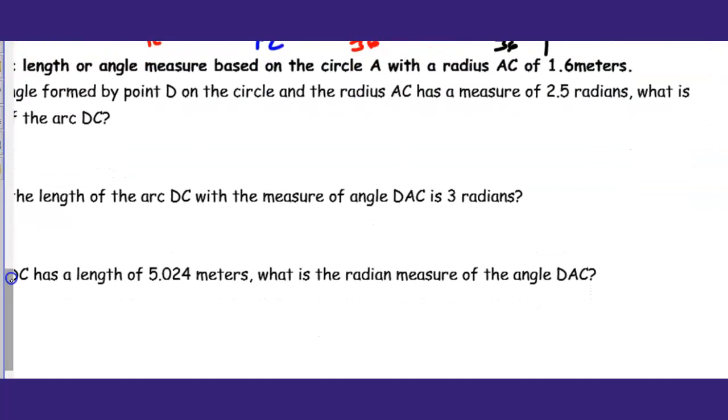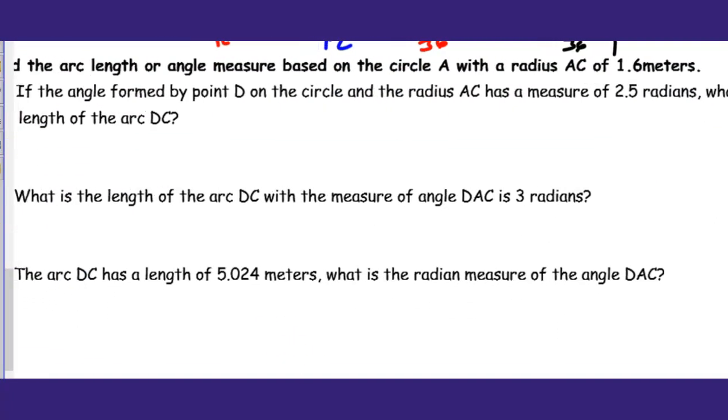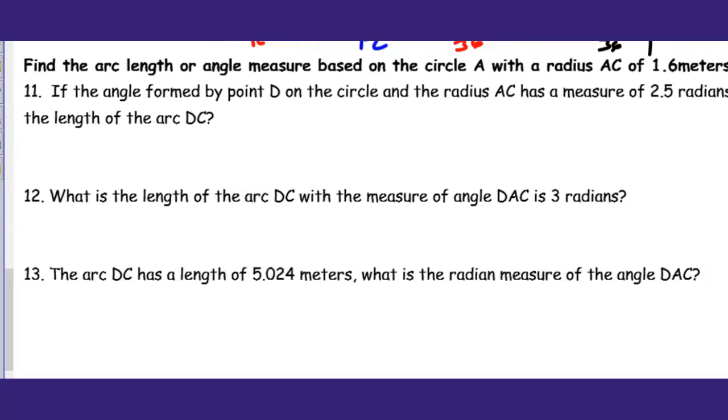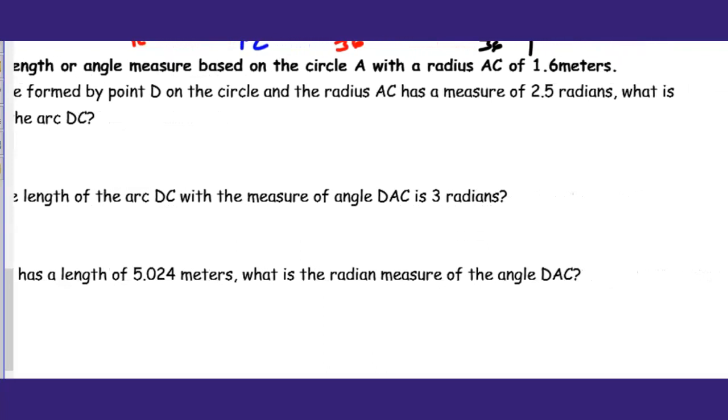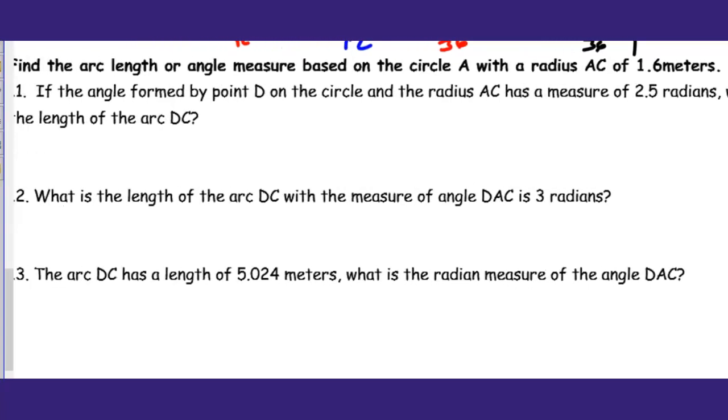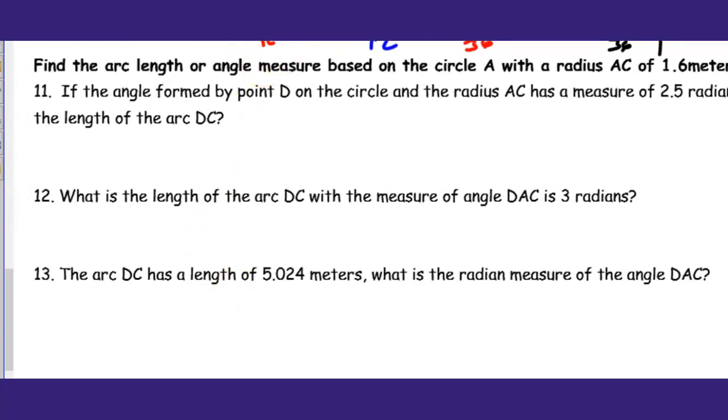Now, let's go to this equation right here, which says find the arc length or angle measure based on a circle A, with a radius AC of 1.6. So we know we have a circle. They just told us. There's a circle with this point AC, with that radius R is 1.6.